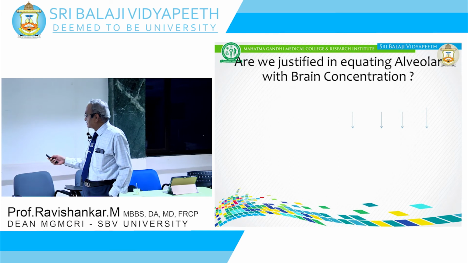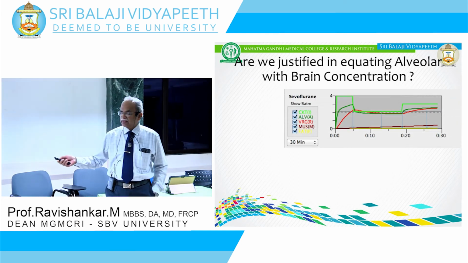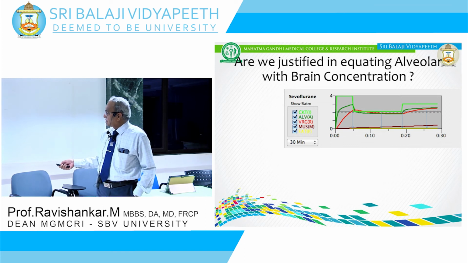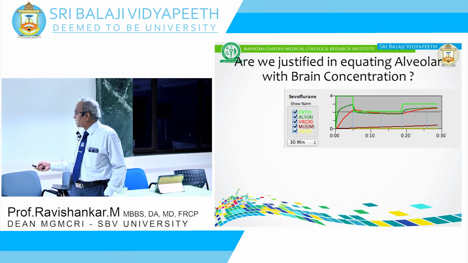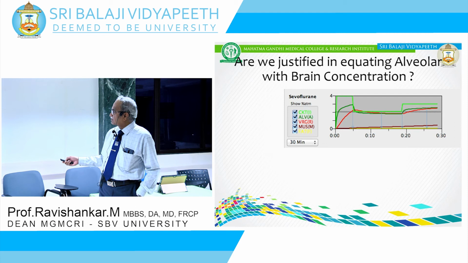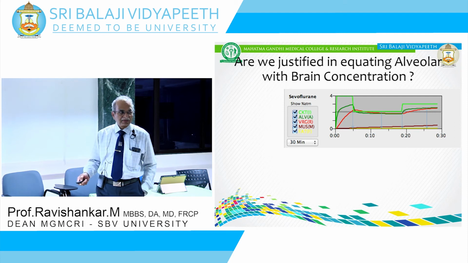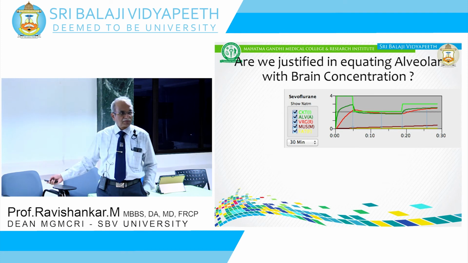So we will use a simulation, and this is the Gassman simulation. At the start of anesthesia, the dark green is the circuit concentration, this other green is the alveolar concentration, and the red line represents the vessel-rich group.